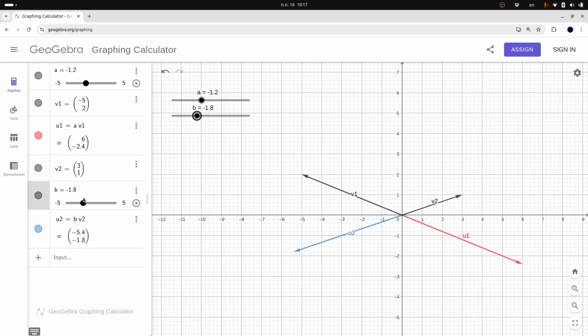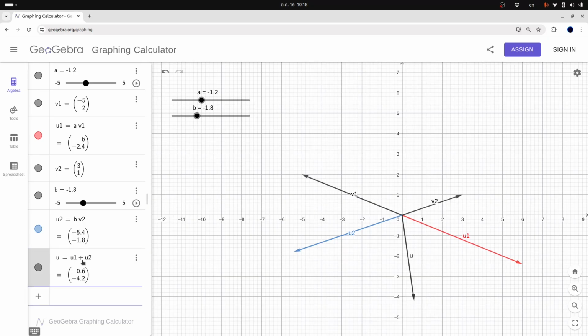All right, so now let's get to the nice part. Can I add u1 and u2? I can add u1 and u2, u1 plus u2 here.